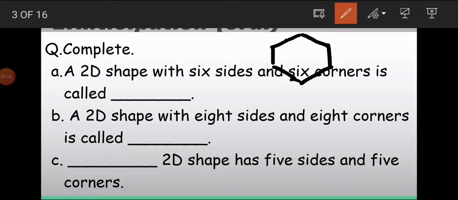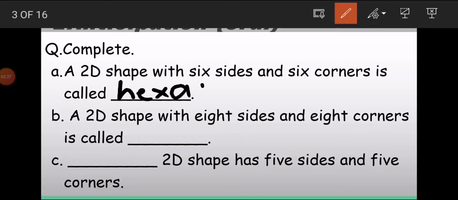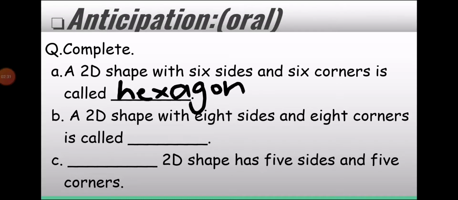You can see I can make 6 sides. And how many corners? 1, 2, 3, 4, 5, 6. Which shape is this? Yes, it's hexagon. Hexa stands for 6. Gon stands for angles. Hexagon means a shape with 6 sides and 6 angles.